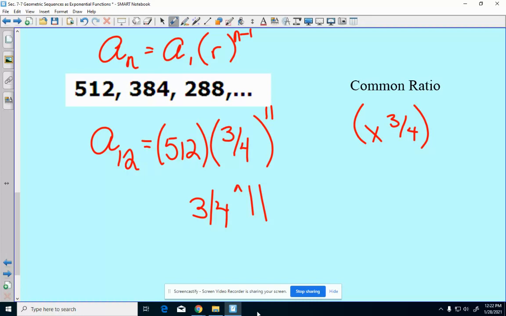Which one should I do first? The exponent. So it's going to do 4 to the 11th, and then it's going to do 3 divided by whatever that was. Because it doesn't realize that those two things belong together. It doesn't know that. So I put parentheses into everything that I know needs to be stuck together.